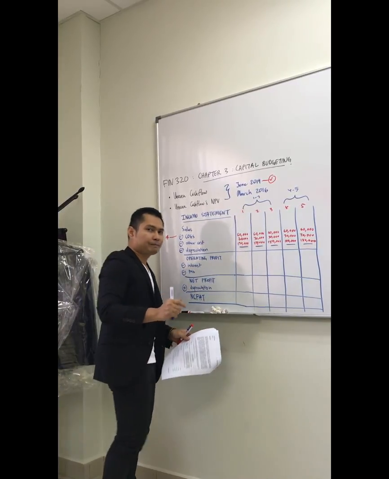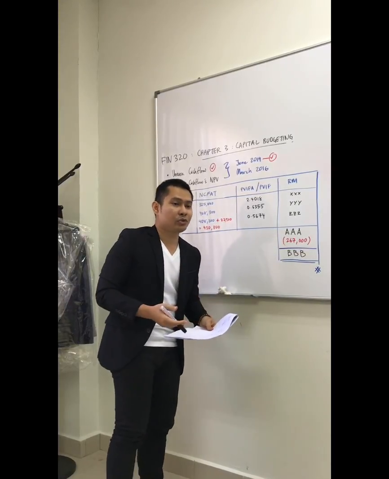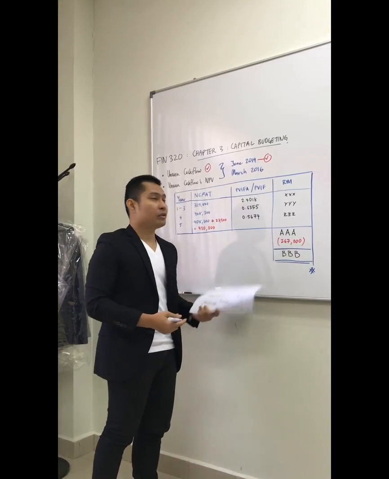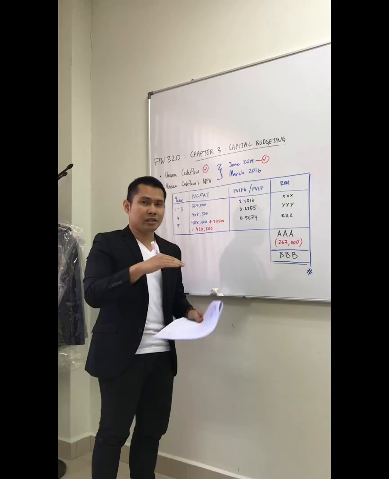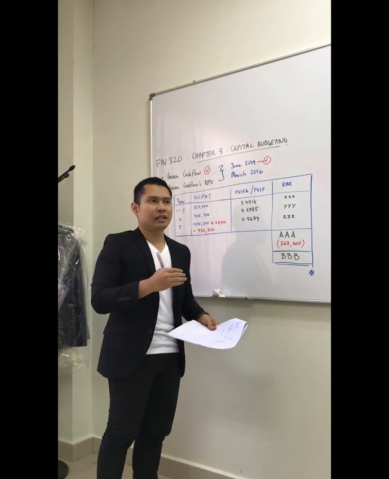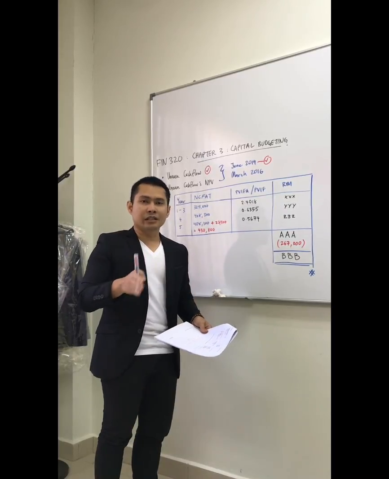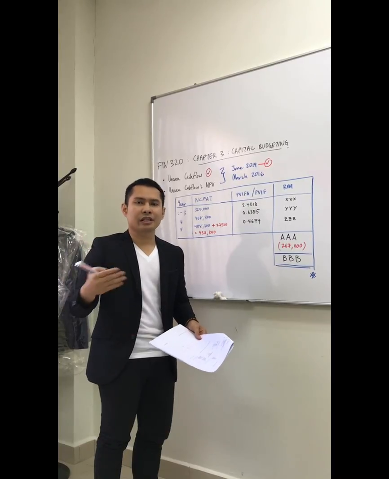Okay guys, so just now I already showed you what an uneven cash flow is, and based on the example of June 2019, how to put the costs inside the table, and from there you will get an uneven cash flow, where year 1 until year 3 is the same cash flow, and then year 4 and year 5 is another cash flow.